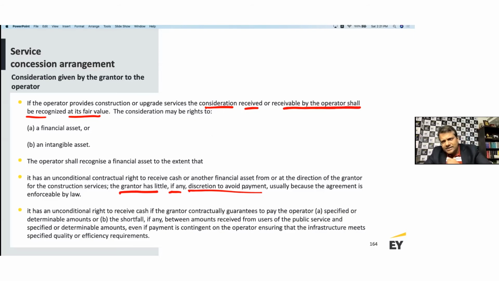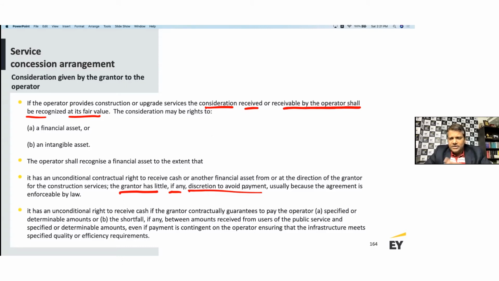Similarly, I as an operator have an unconditional right to receive cash if the grantor contractually guarantees to pay the operator specified or determinable amounts, or the shortfall, if any, between amounts received from the users of the public service and specified or determinable amounts, even if the payment is contingent on the operator ensuring that the infrastructure meets specified quality or efficiency requirements.